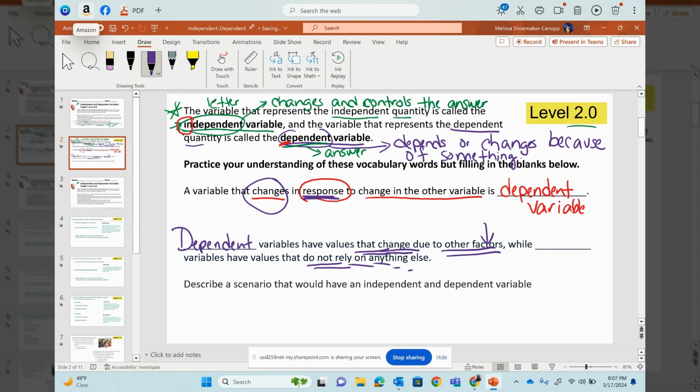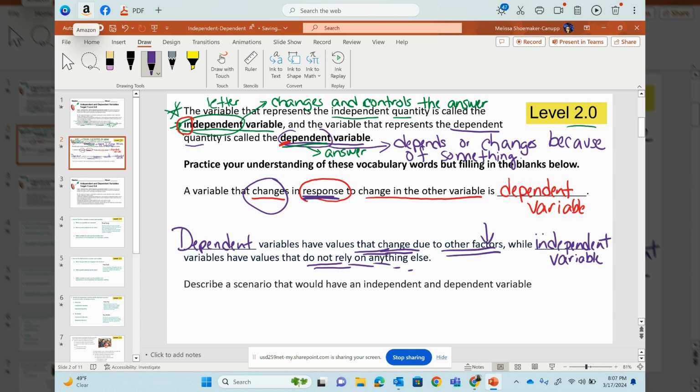Okay, if you're independent, then you do not rely on anything else. You can take care of everything by yourself, your bills, getting yourself to school, all the different things. I am not spelling independent right here, so let me fix that. Independent.